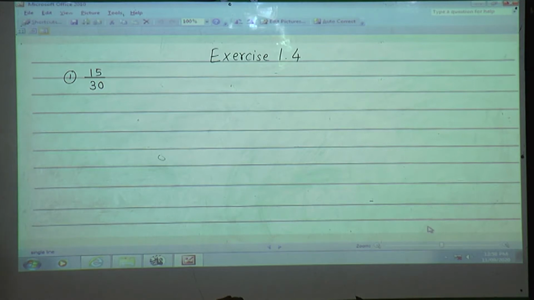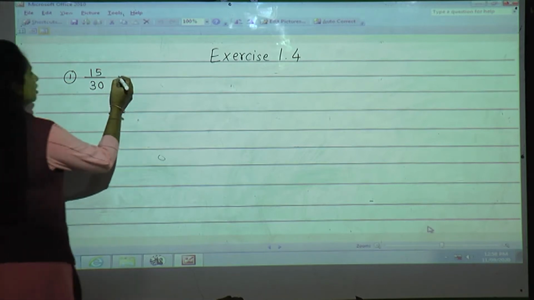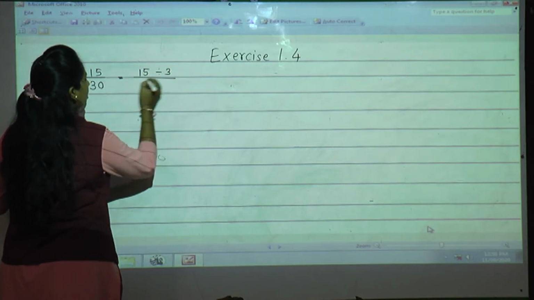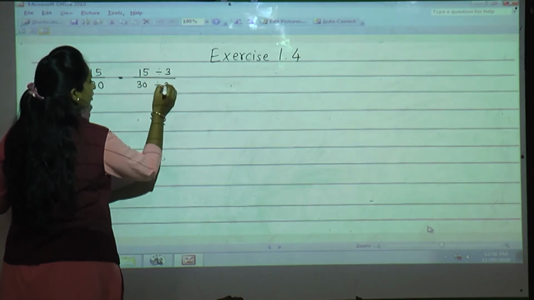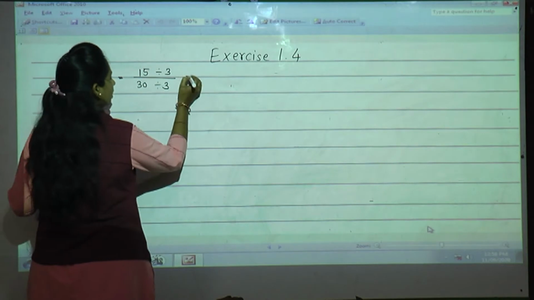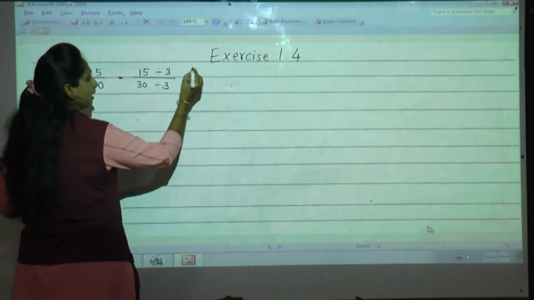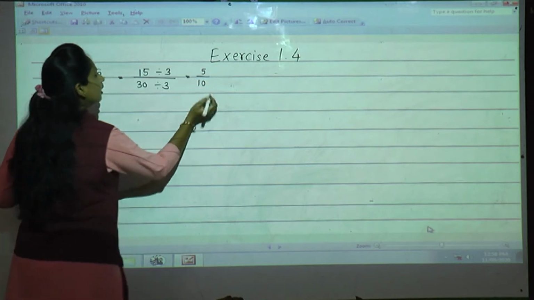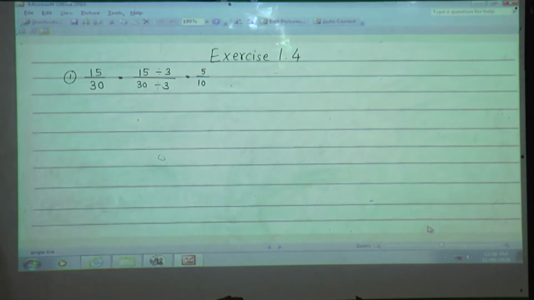Now see, with 3 can we divide this number? Yes, we can. 15 divided by 3, 30 divided by 3. 15 divided by 3 we get 5, 3 5s are 15, and 30 divided by 3 we get 10, 3 10s are 30. Are you getting? Yes.